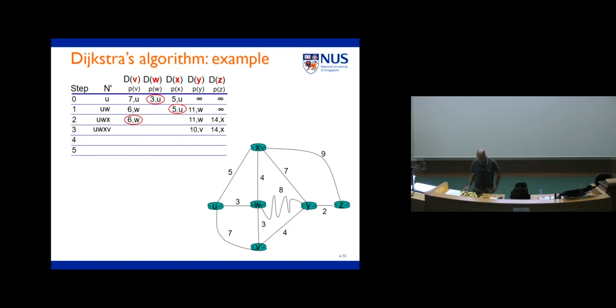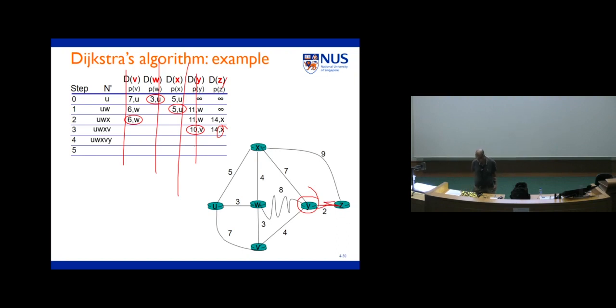And now I have two things to choose from. 10 is the smaller one. So next time I will add Y to my set N prime. And all these, I don't need to worry about. I just see, okay, previously to go to Z, I go via X and the cost is 14. If I go via Y, the cost of going to Y is 10, and then there's a link between Y and Z, which is 2.